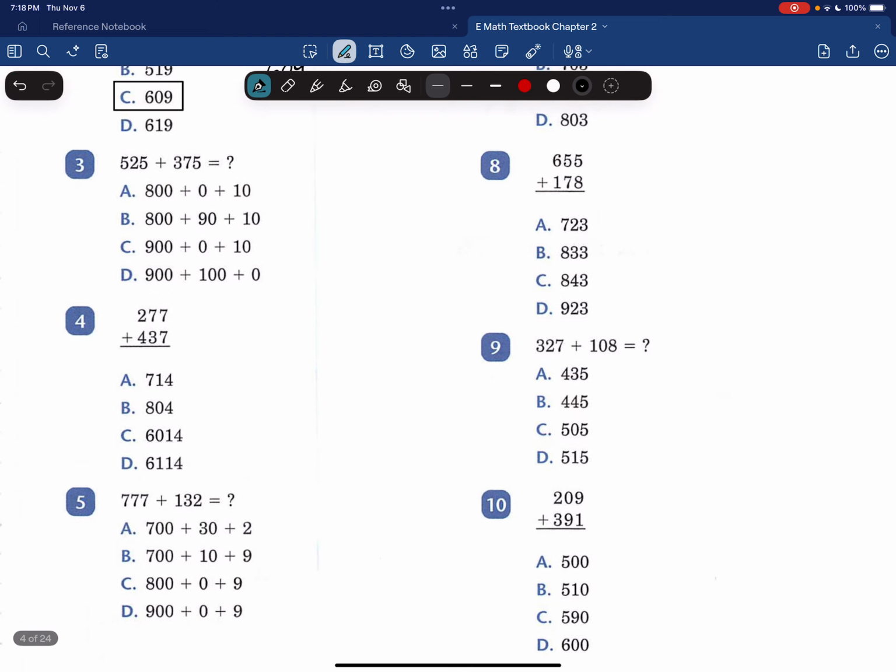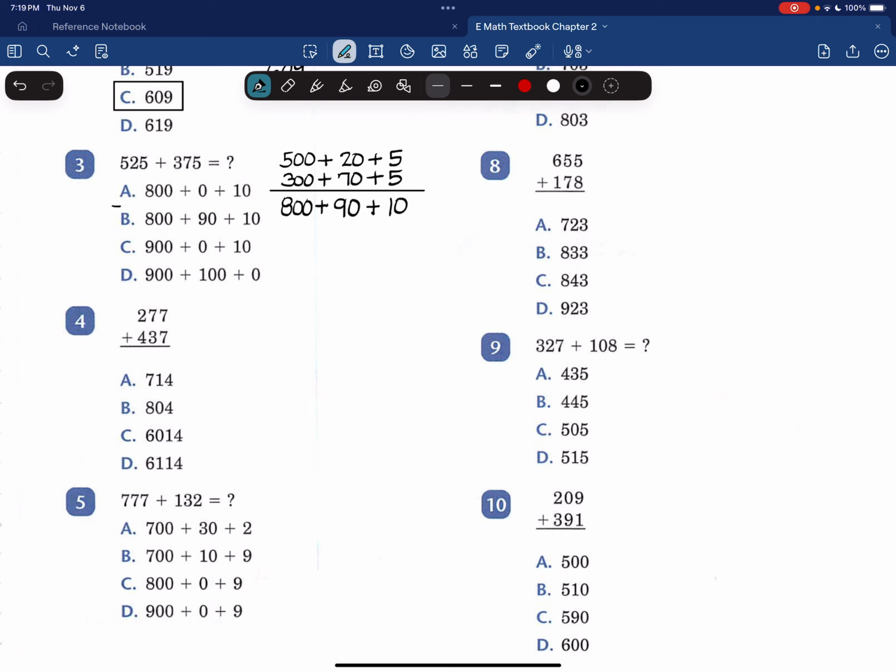Number 3, I have 500, 2 tens, 5 ones, 300, 7 tens, 5 ones, and let's combine. So we have 10, 90, and 800.